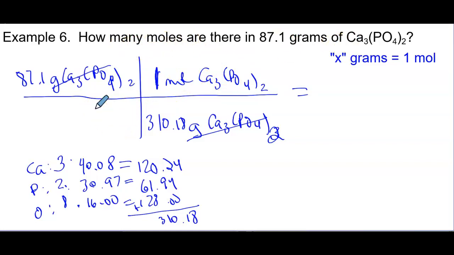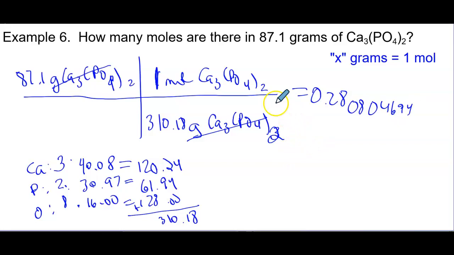So we can now do the math. We're going to multiply numbers across the top. 87.1 times 1, I wouldn't do that on my calculator, but feel free if you need to. Then divide by numbers on the bottom. So I punched in 87.1 divided by 310.18, and my answer on my calculator is 0.28080464.